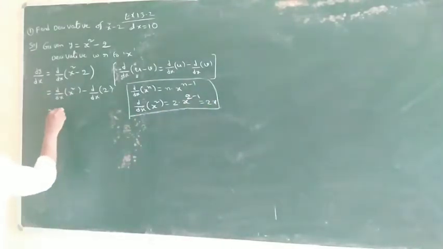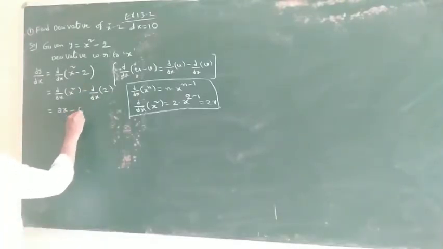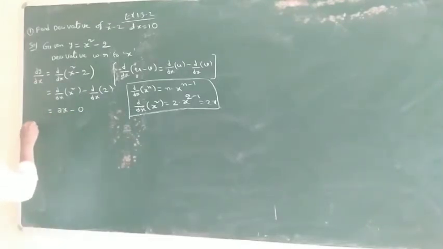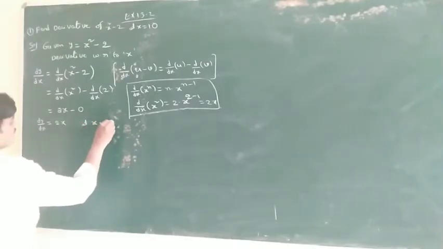Derivative of 2 means derivative of constant, 0. So therefore dy by dx is equal to 2x at x is equal to 10.